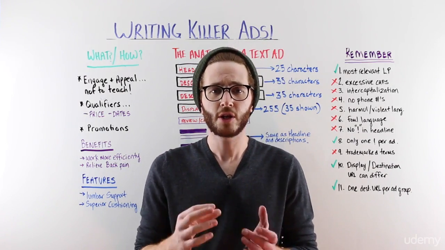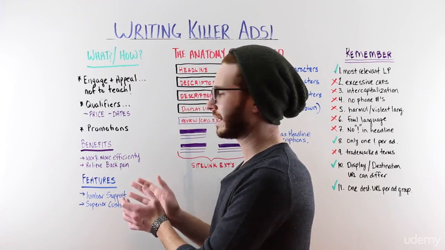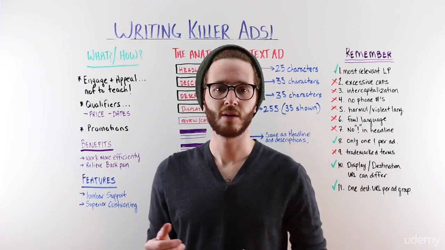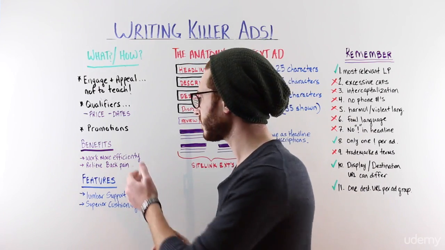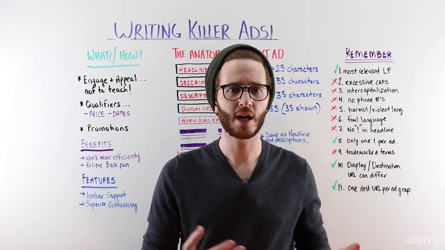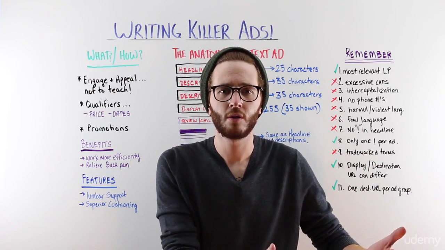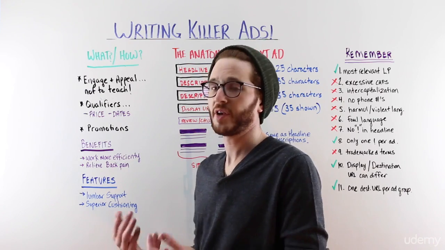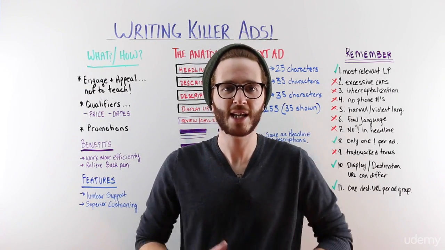So features, benefits, understanding the difference, it's important, and always highlight the benefits of your product more than the features of your product. And you could do this for any business. So for example, in our business, a benefit of using a professional marketing agency is that your company will now grow. Your company will now be more successful. A feature is that we have very transparent reporting that you get on a weekly basis, but that's just a feature.